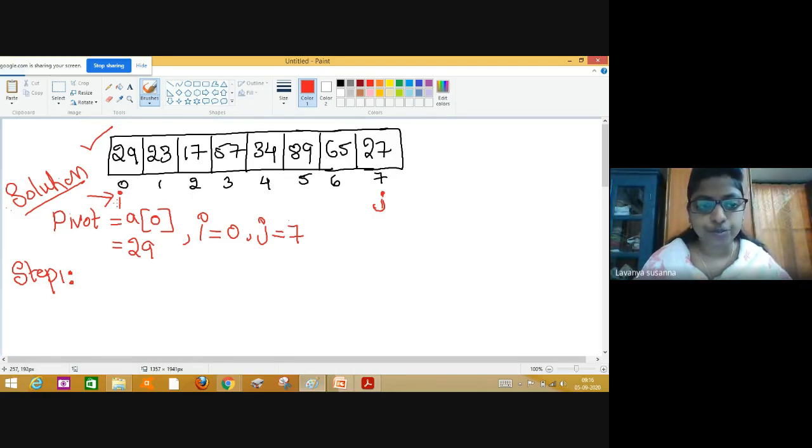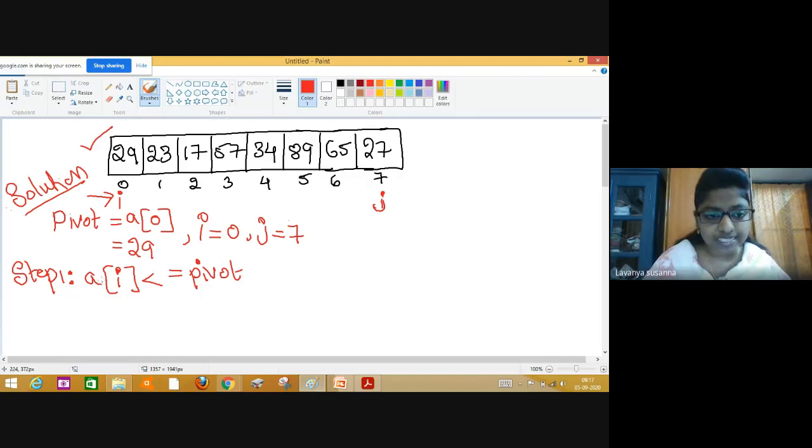Now you need to move I towards right, that means you need to increment I. Before incrementing I, you need to check the condition. What is the condition? See here: A of I less than or equal to pivot. If you want to move this I towards right, you need to check this condition. A of I less than or equal to pivot. If it is true, you need to increment I.